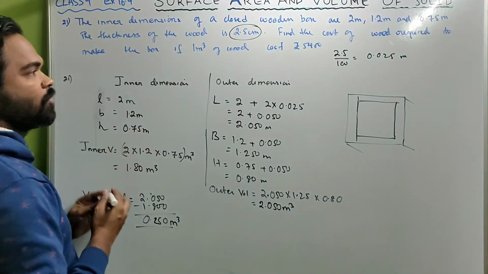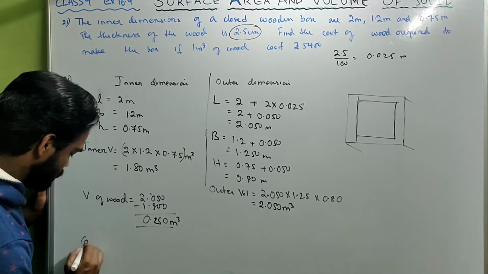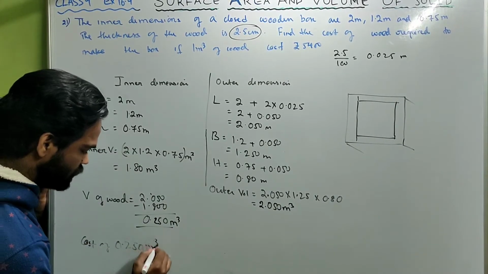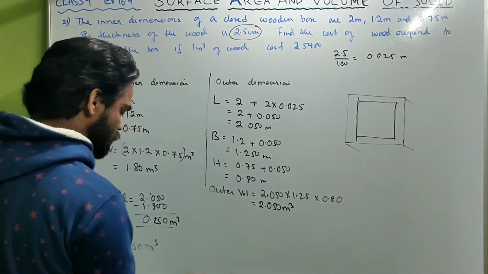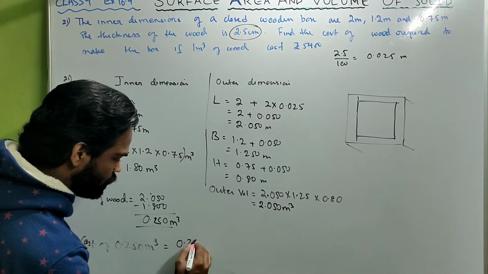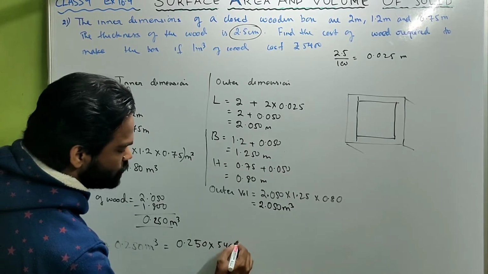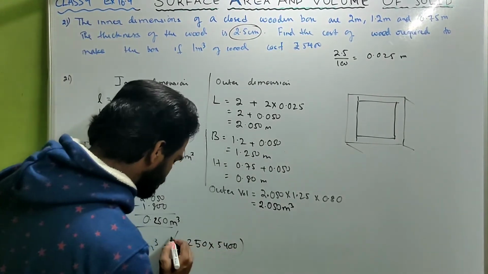Now 1 meter cube costs rupees 5400. So cost of this much, cost of 0.250 meter cube, you simply multiply it with 5400. So that's 0.250 multiplied by 5400. Isn't it? Just solve it.